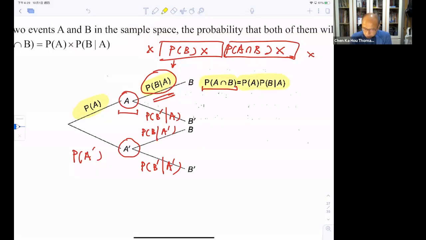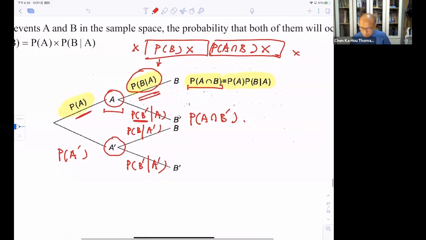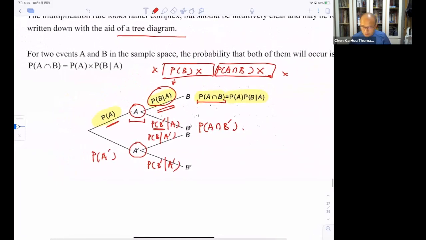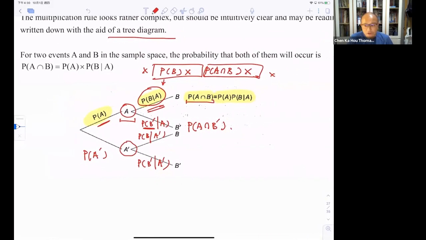What is the result of the second path? If you multiply this number with this number, the result is P(A intersect not B). Be careful. So when solving a conditional probability problem, the tree diagram is a very useful tool. Remember to use it, and remember to define each path correctly.